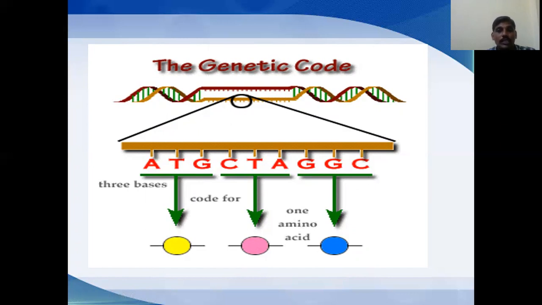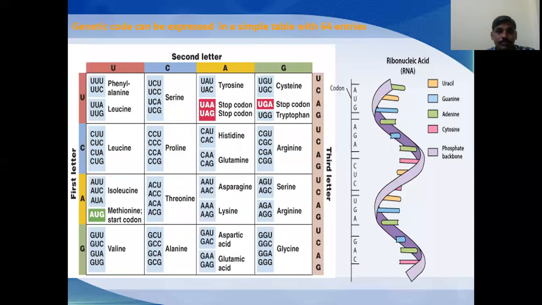So once we explain the sequence of nucleotides, the sequence of codons, the sequence of amino acids, in this way the genetic information is passed from DNA to RNA and RNA to protein molecule. So this is called the genetic code.